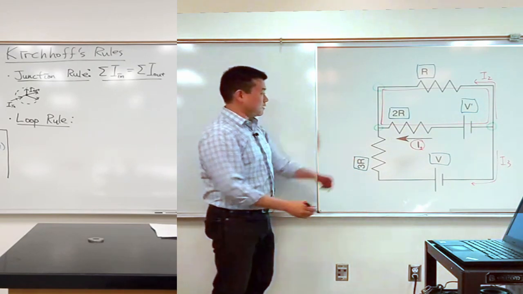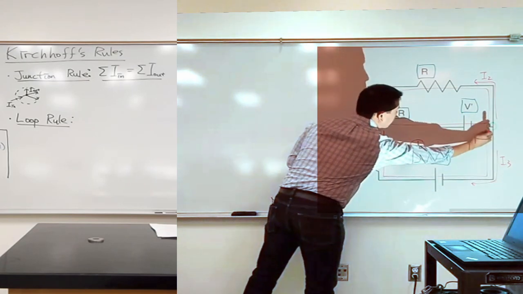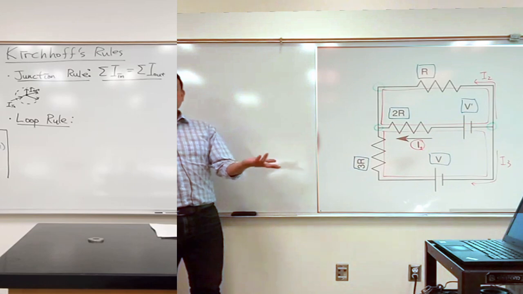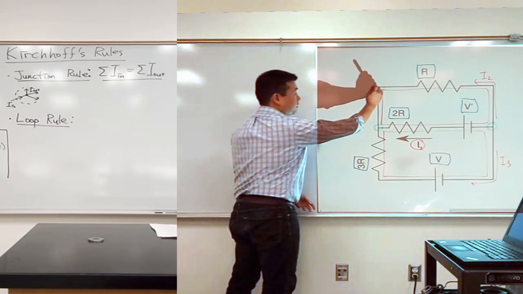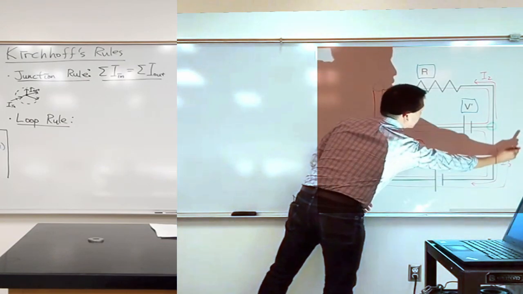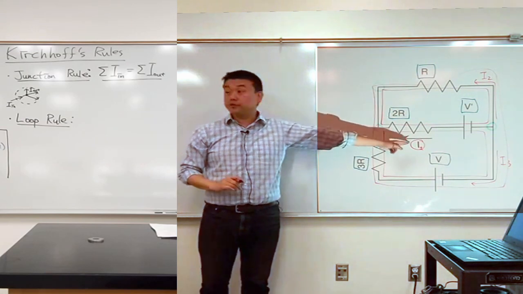You can do the same thing here: start here, go around, and come back to the same point. That's another loop. And the 3rd loop that some of you are realizing is I can start here, go around the entire circuit, and then come back to the same point. That's not like the other 2 loops.